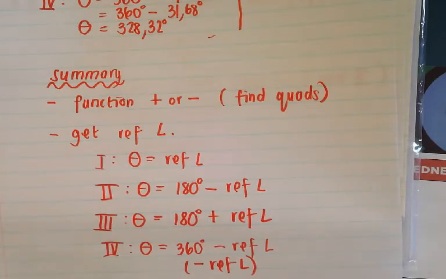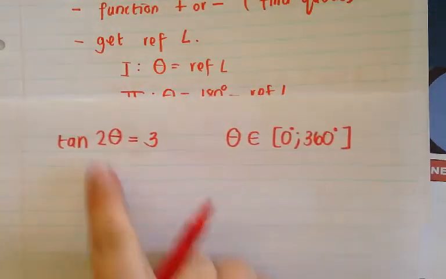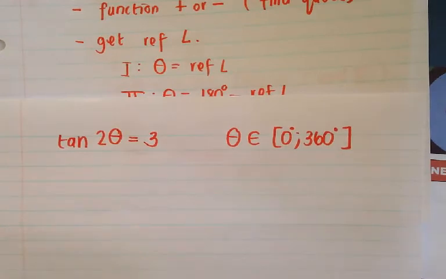Okay, so that was just our summary so far. Now what happens when I go and manipulate what's happening to theta itself?